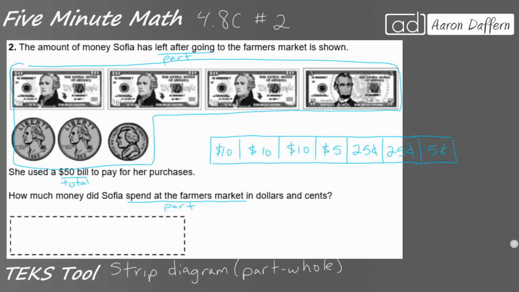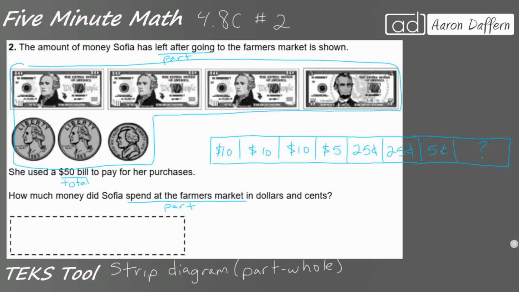Now, I actually know what the total needs to be. The total needs to be 50 because there's all of this plus we're going to add one little part over here. This is our unknown. The unknown is how much she spent at the farmer's market on whatever she bought.